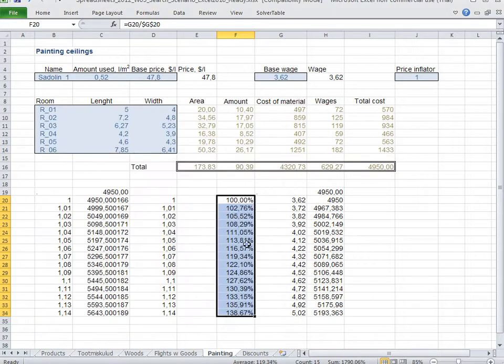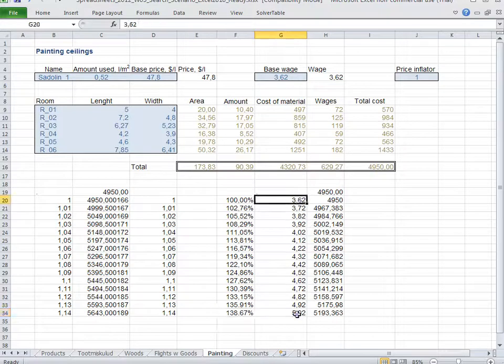100% is the base, and we're up 113% midway. In the end, we're up by 138%. It raised from 3,62 to 5,02. Okay, and now let's consider the total costs.